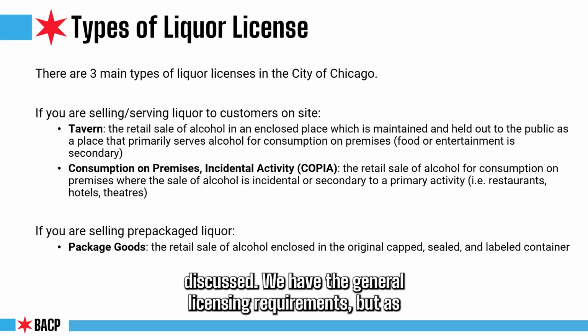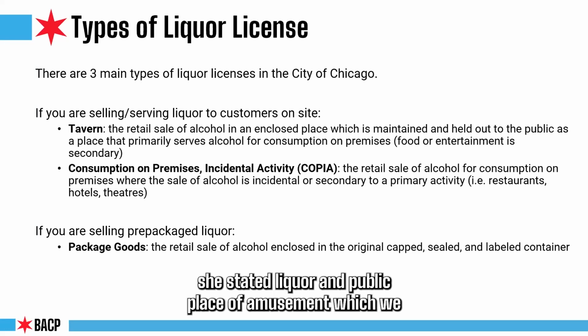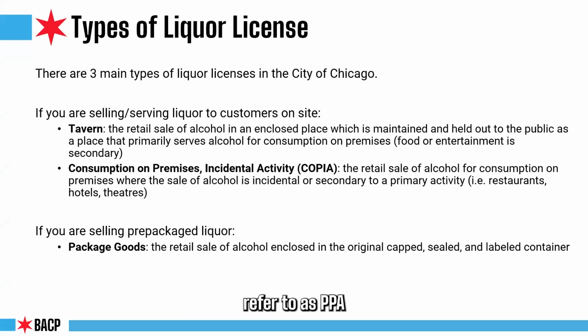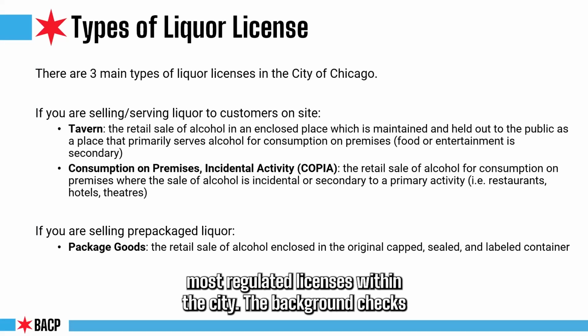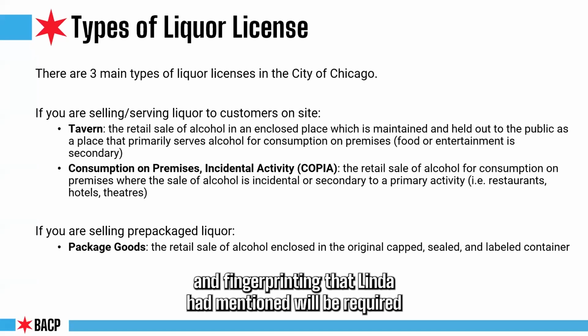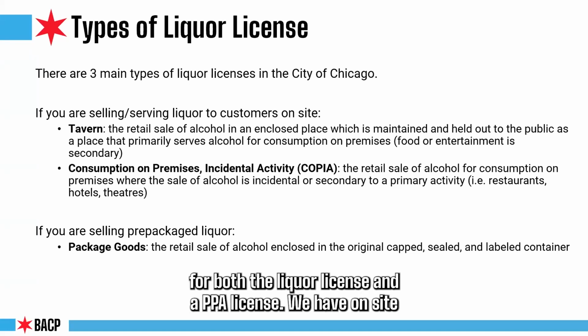We have the general licensing requirements, but as she stated, liquor and public place of amusement, which we refer to as PPA, have some additional requirements. We are some of the most regulated licenses within the city. The background checks and fingerprinting that Linda had mentioned will be required for both a liquor license and a PPA license.